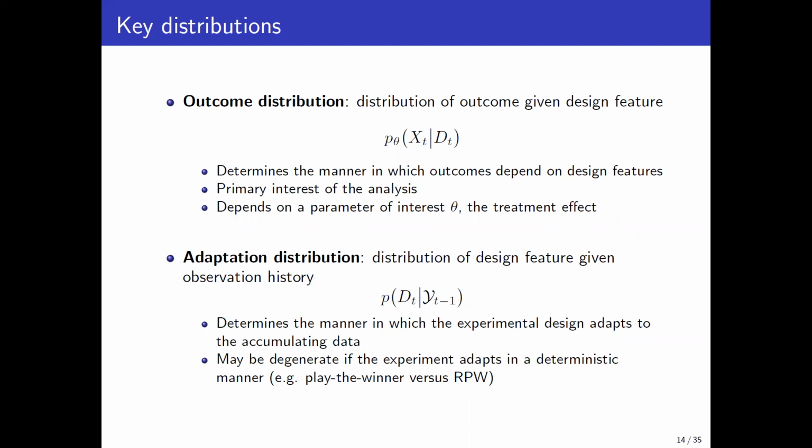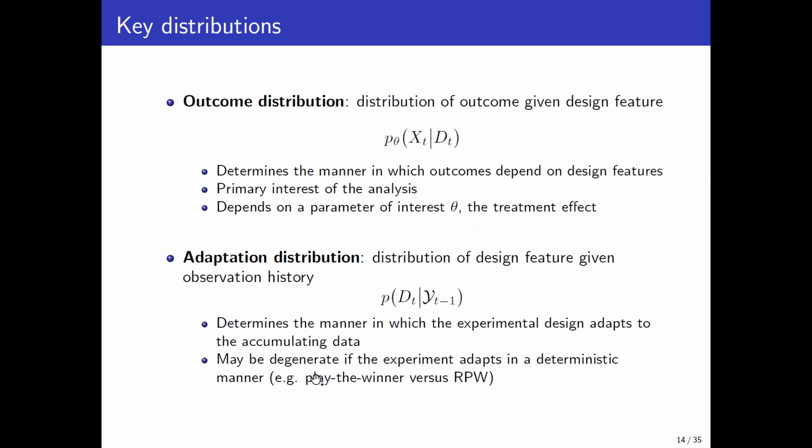But there's also another distribution, which we'll call the adaptation distribution, which essentially governs the distribution of the design feature, given the history of the observations up until just before that design feature is allocated. This determines the manner in which the experimental design adapts to the accumulating data. Generally, this will be a distribution. In theory, it can be degenerate if there's no randomness in the way we allocate the treatment arm.